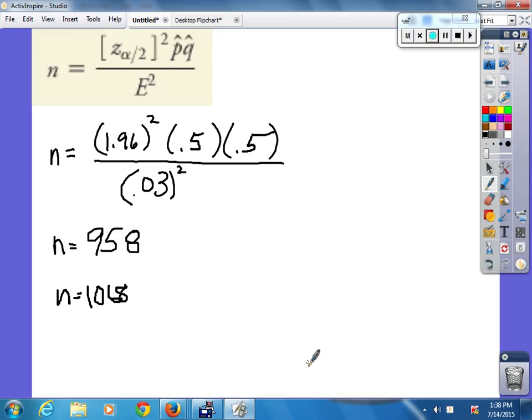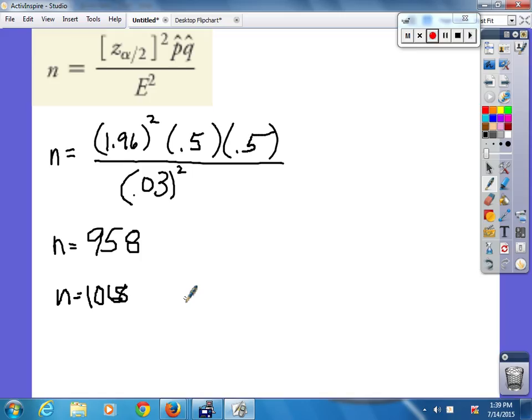Are we talking about detriment to the survival of the species of the human race on the face of the earth, 960 versus 1,068? No, we're not. Okay, so it's not going to make that big of a deal. Which one would you go with?